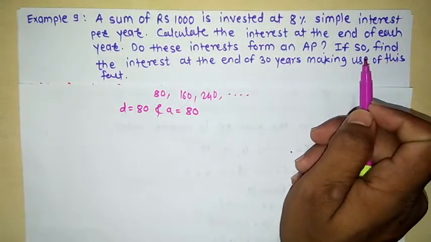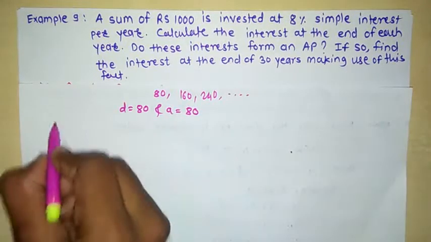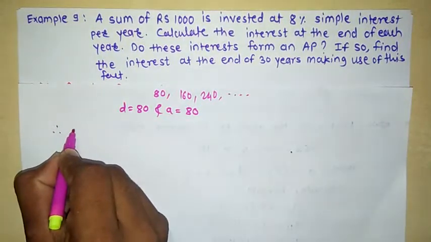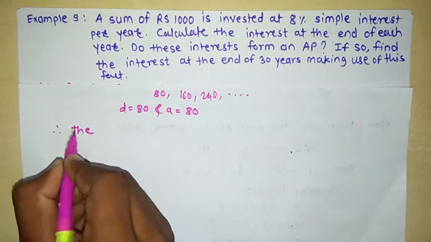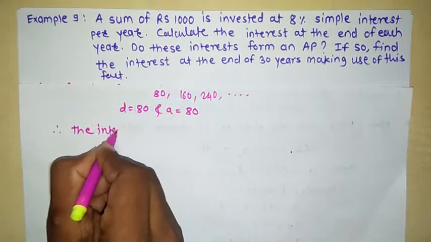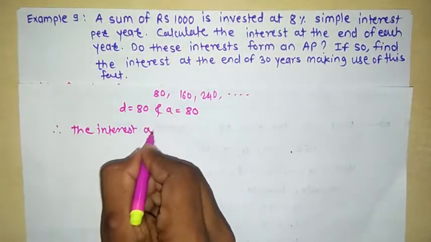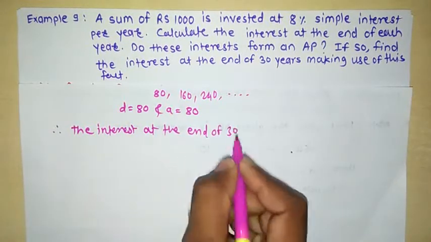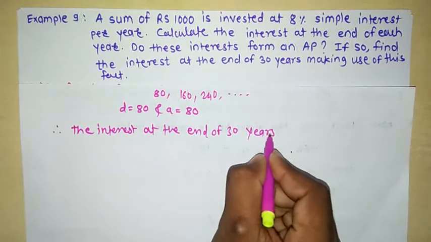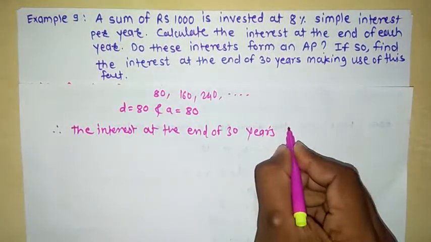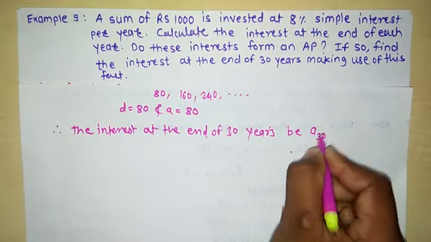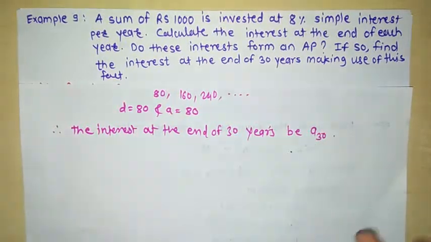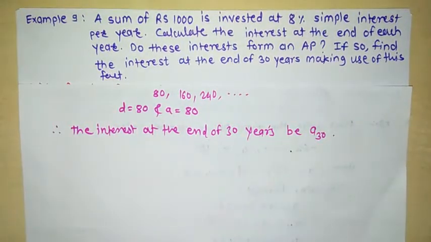At the end of 30 years, we have to find the interest. Therefore, the interest at the end of 30 years will be A30, the 30th term of this AP.